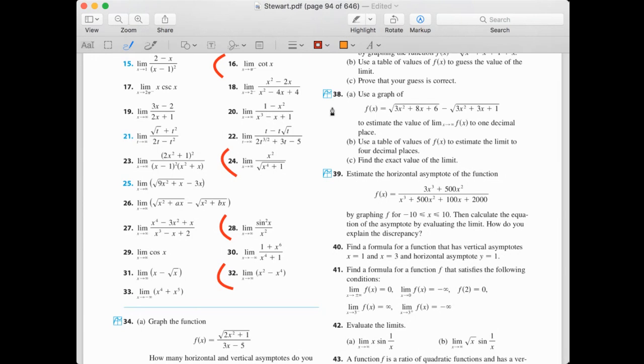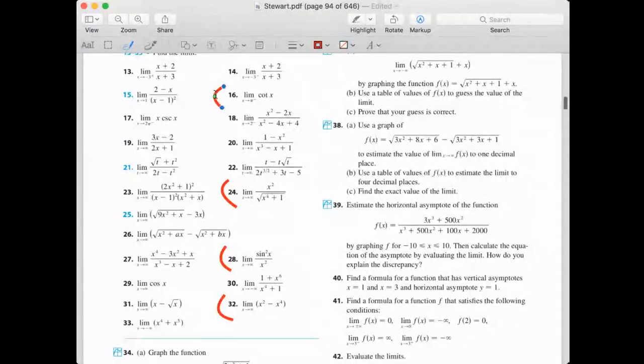16. Raphael. Hey, good morning. Good morning. So we know that cotangent x is equivalent to 1 over tan x. And we also know that for every pi over an even number, you get an asymptote, unfortunately.